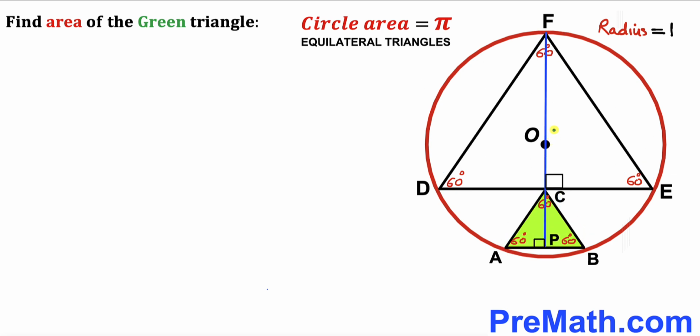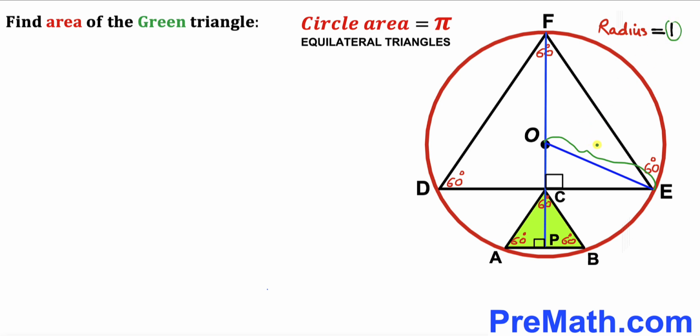And here's our next step. I have dropped this perpendicular FP, as you can see over here, and as a result this angle is 90 degrees and this angle is 90 degrees as well. And in this next step I am going to connect this center O with this point E, as you can see in this next diagram. And now let's make an observation. We can see that this OE is the radius of this circle, and we know our radius is 1.